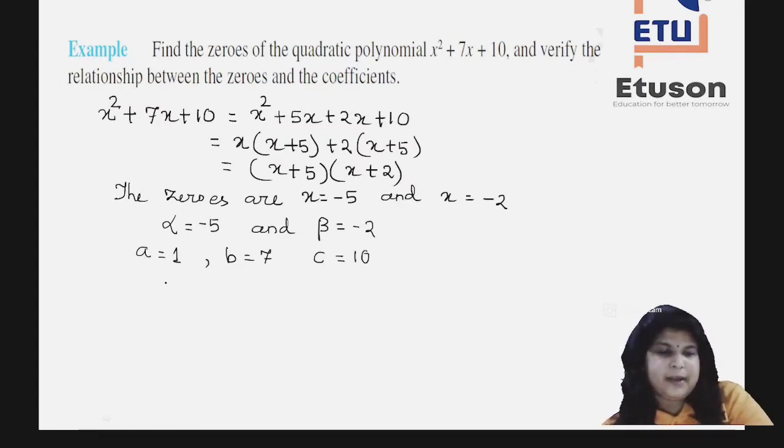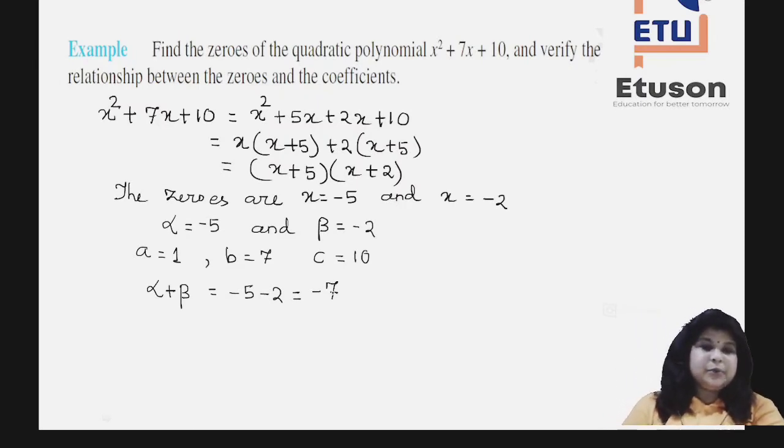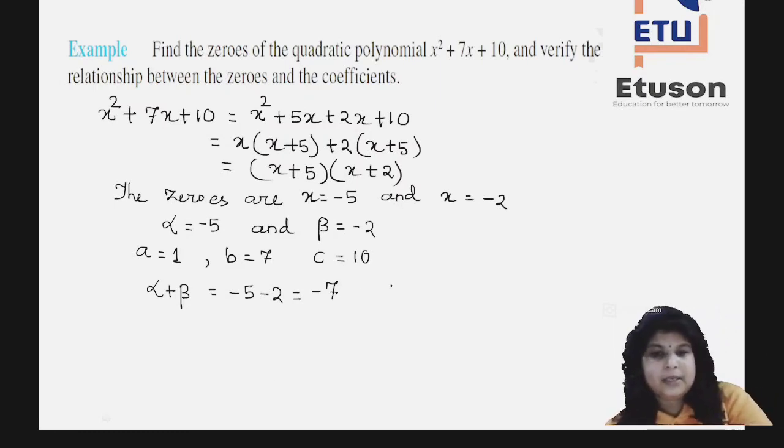So what is the relationship between the zeros and coefficients? Let us find out. The sum of the zeros, that is alpha plus beta here, is equal to how much? Minus 5 minus 2. What's the answer? It is minus 7. So it should be equal to what? It should be equal to minus b divided by a.